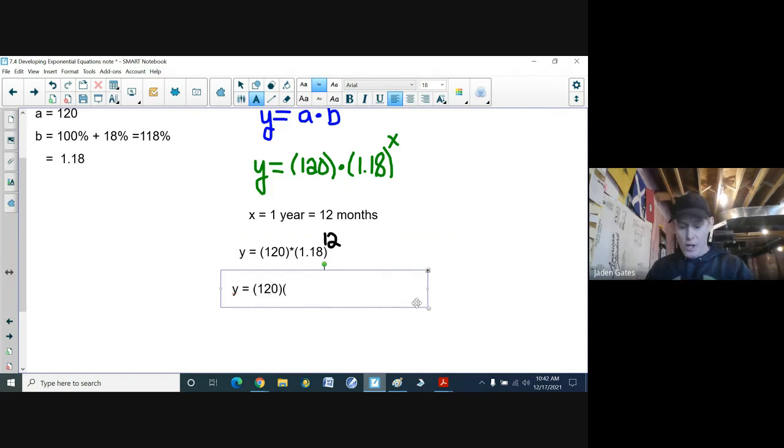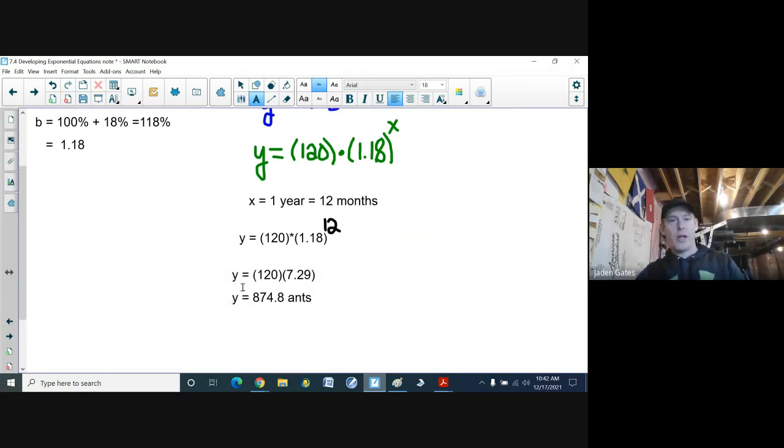So I take my 1.18 to the power of 12, and I end up with, to 2 decimal places, 7.29. Finally, multiplying our two numbers, I take 120 times 7.29, and I would expect to have approximately 874.8 ants. And there we go.